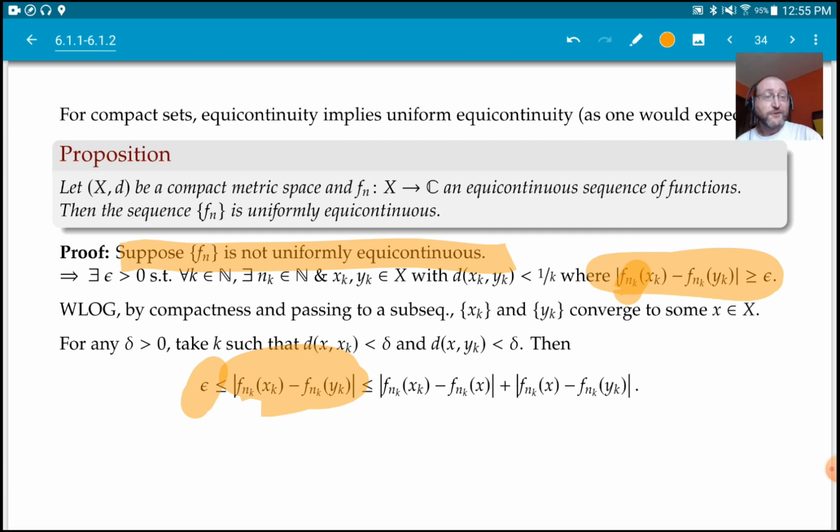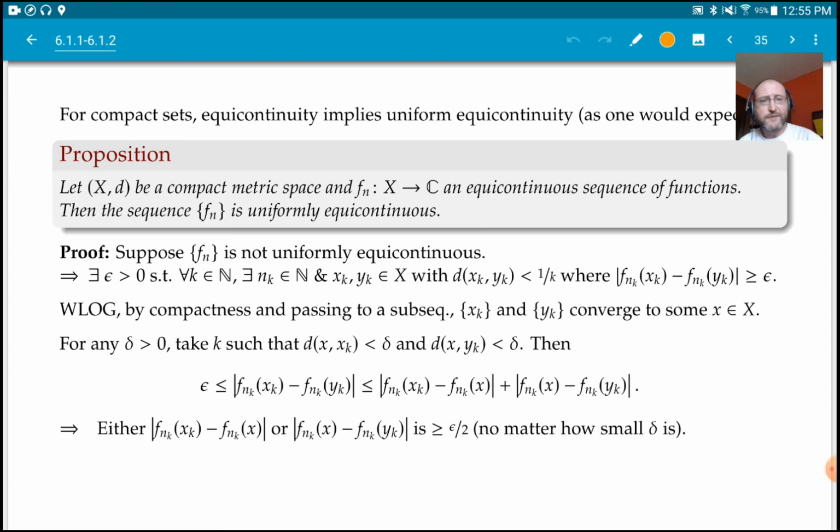So now you do a little bit of estimation. You add and subtract f_{n_k} of x, and then you do the triangle inequality, and you get that this sum over here is bigger than or equal to epsilon.